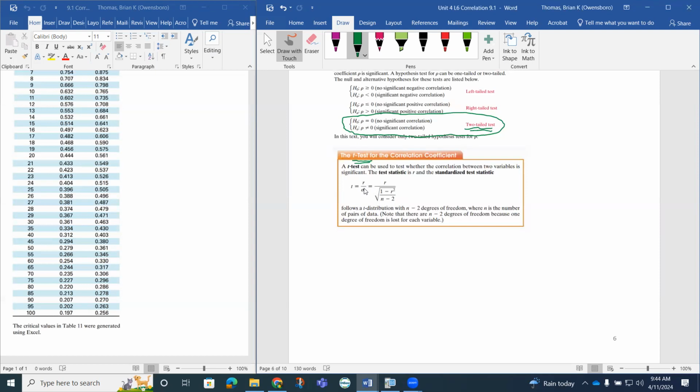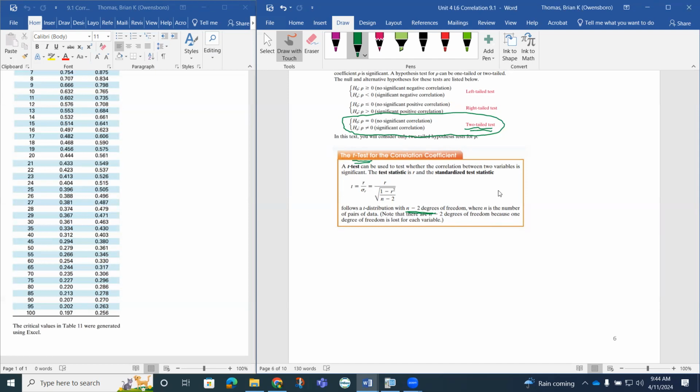Notice that when we do t-tests, there's this degrees of freedom. But since we have a two-variable stat question, when we do the degrees of freedom, we don't use n-1, we use n-2 when we are working with t. We lose one for each variable, if you will. So that's something to pick up on here.